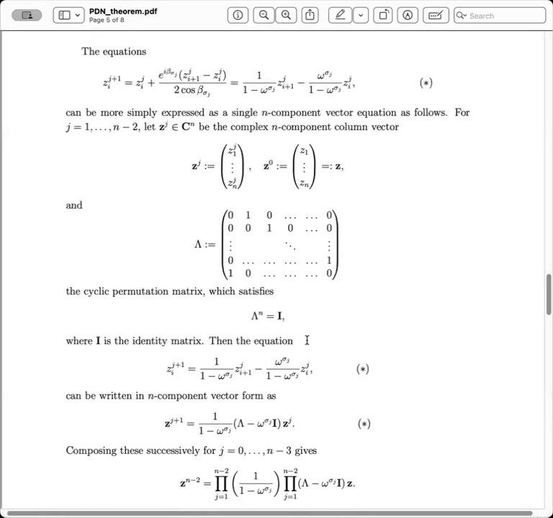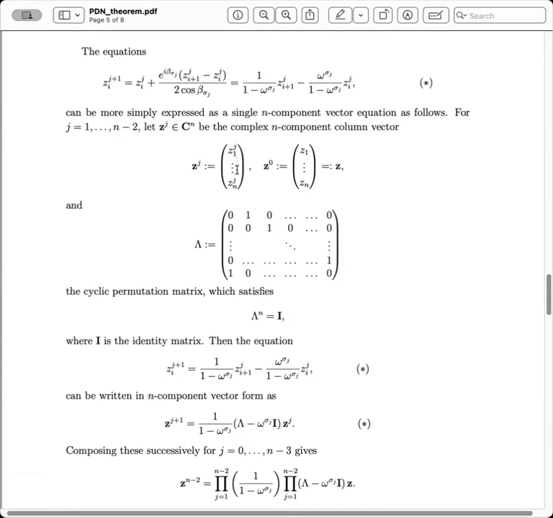So these equations, which describe the construction at each stage of the next polygon from the previous one, can be expressed in a more simple form using vector notation and thinking of the various vertices as the components of an n-component complex column vector. So this is the column vector.